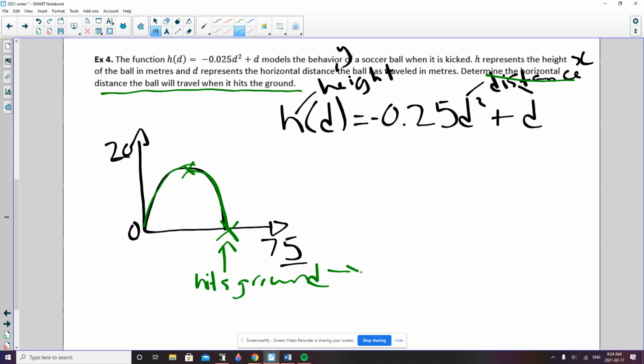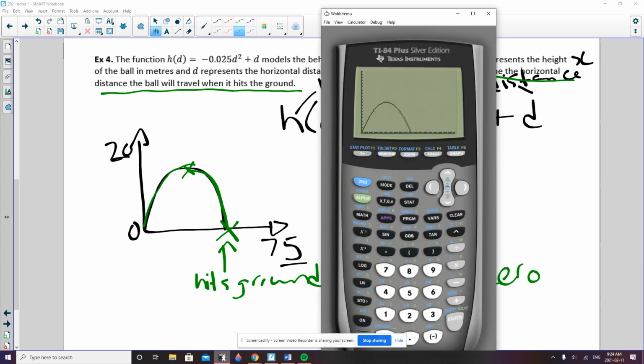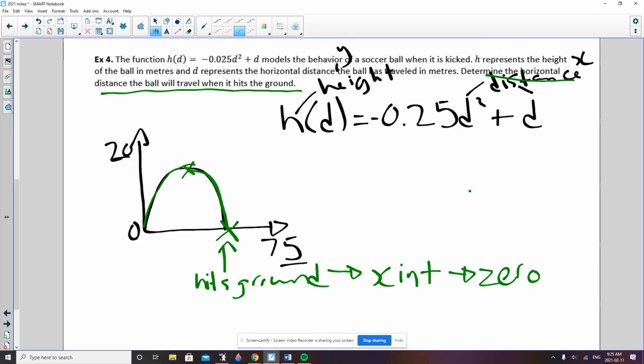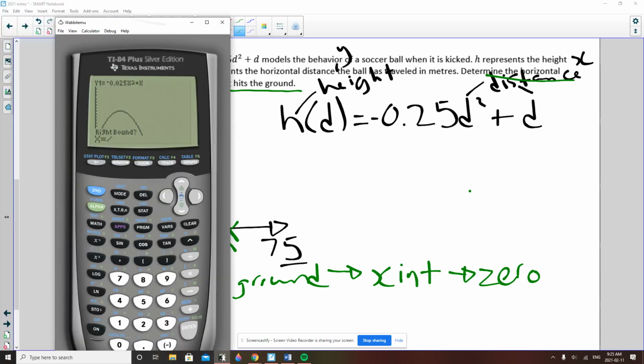Well, that point is an x-intercept. And to solve for an x-intercept on my graphing calculator, I'm looking to solve for a 0. So I can go do that. Second, calculate, zero. Left of that 0 would be here. To the right of it, I got to pull it down, making sure my y values are negative, which they are.